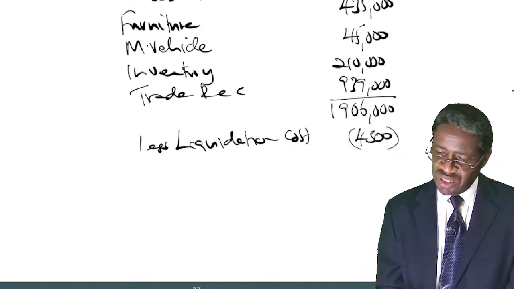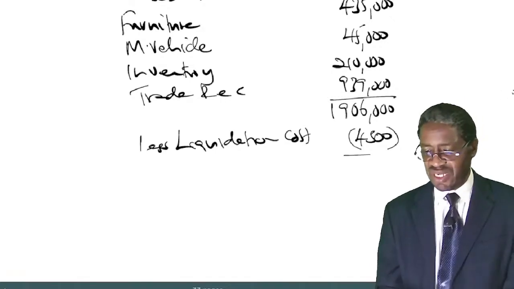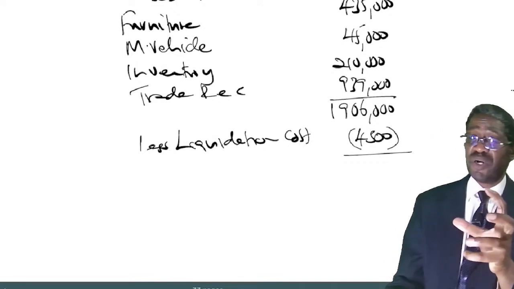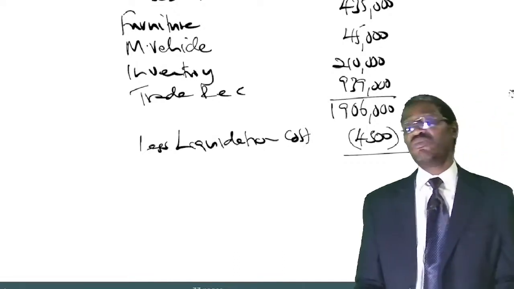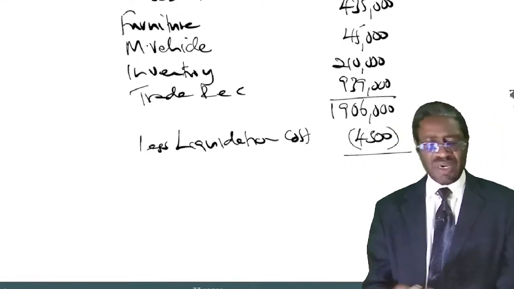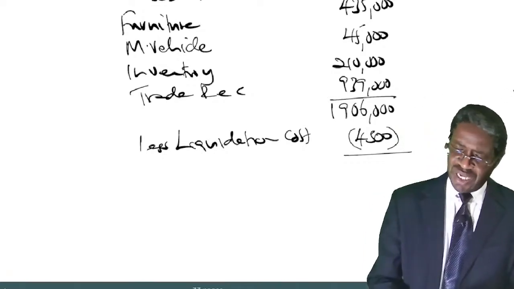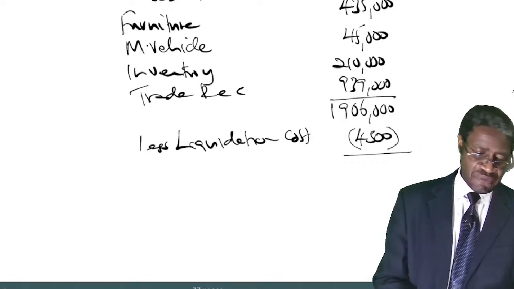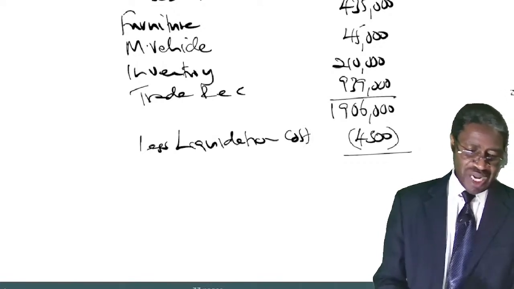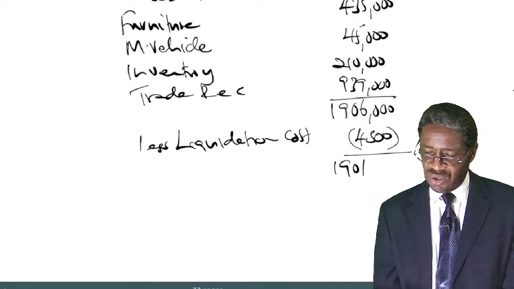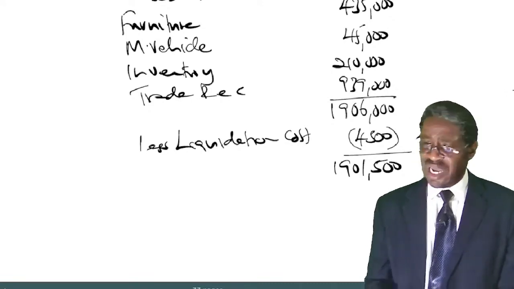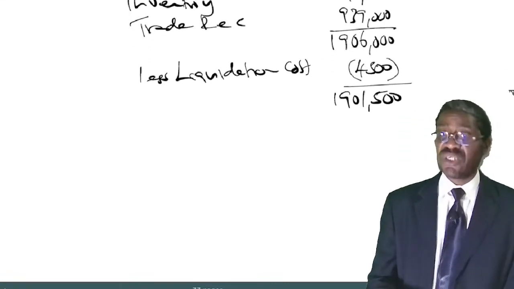So if I minus 4,500 from 1906, that leaves me with a balance of 1901,500.